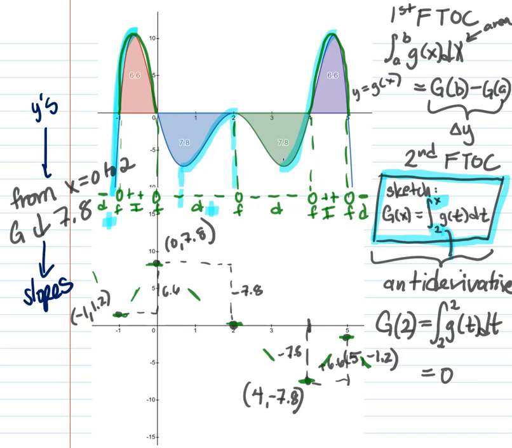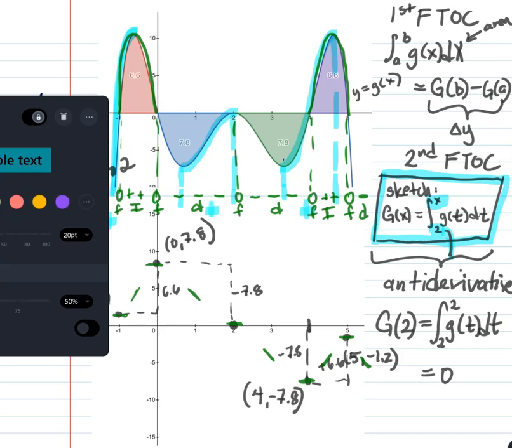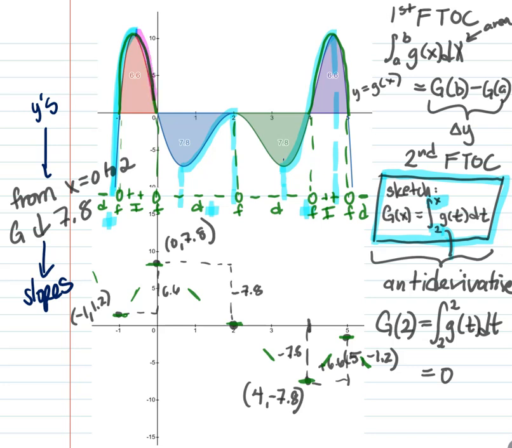Up, up. Okay, and then the other points, I'm going to pick a different color here. We'll go pink. Where little g is decreasing, those are y's getting smaller, which means down below slopes will get smaller.